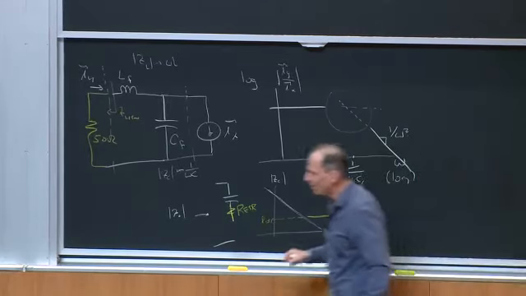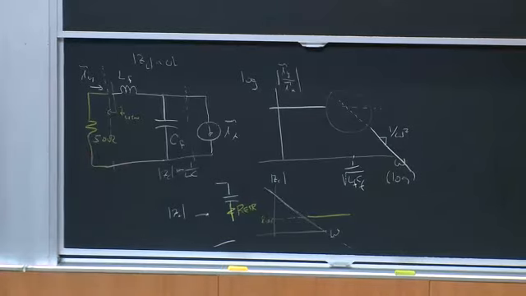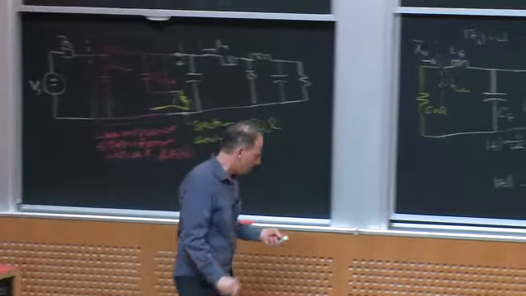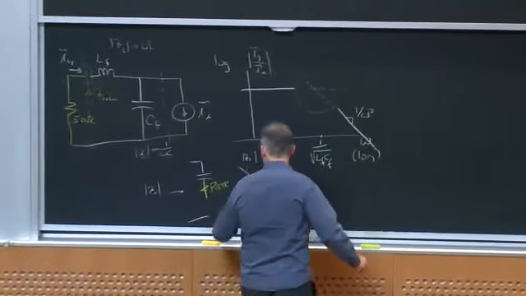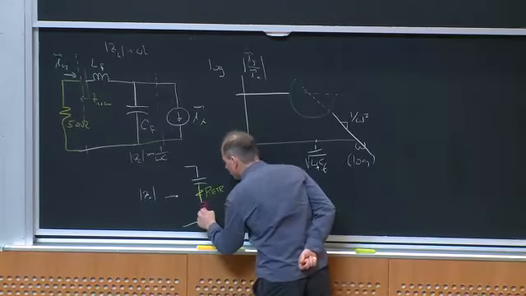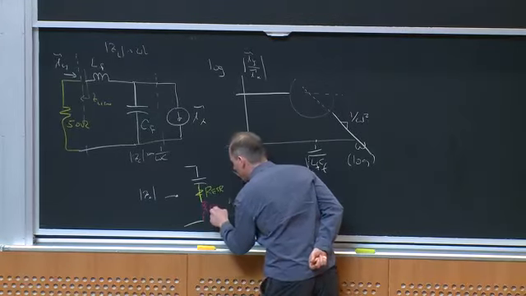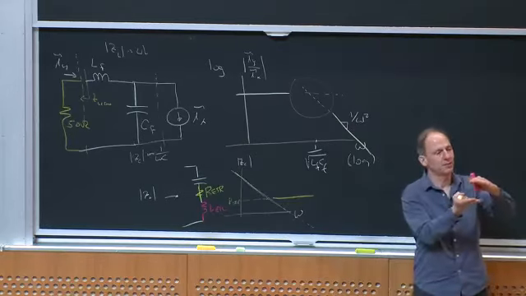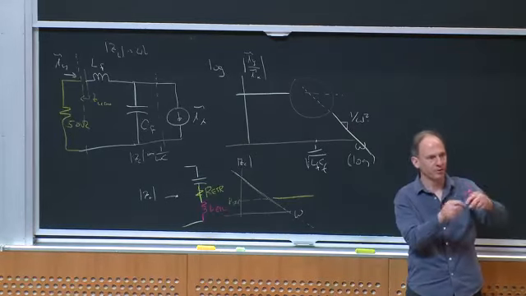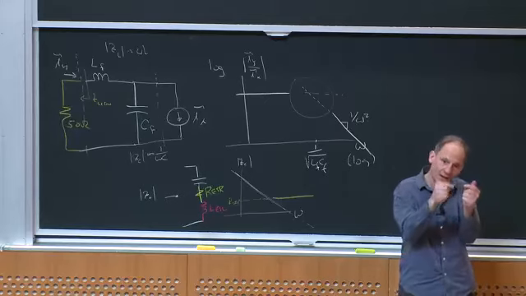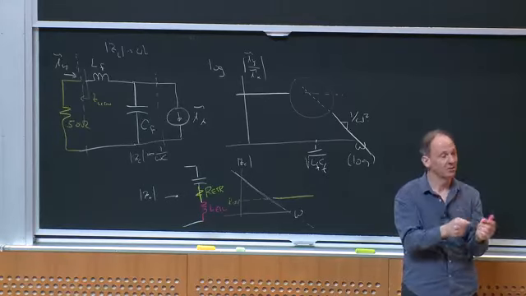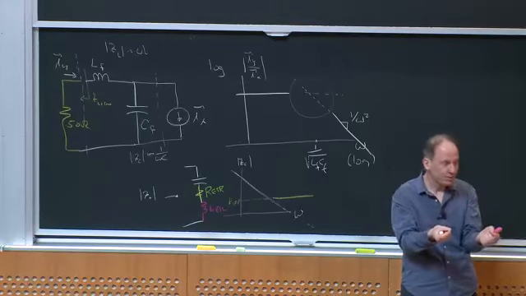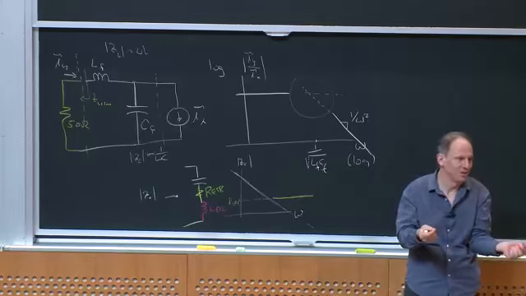And then if I keep going up in frequency, I'm going to get to some point where I have some equivalent series inductance, ESL. Why does that exist? Because there is space between the capacitor plates, and if I have current through it, there's some magnetic field in there, and there's just a little bit of inductance. It doesn't have to be very much, but we're talking about going to very high frequencies.